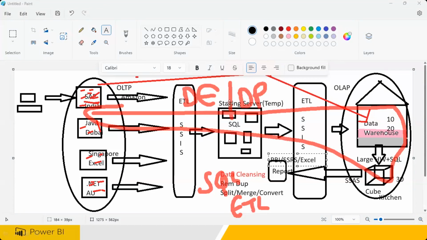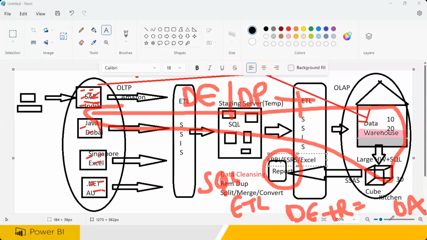So data engineering or data processing is done, then you're going to be creating a report. So data engineering plus reporting is called data analytics or business intelligence.